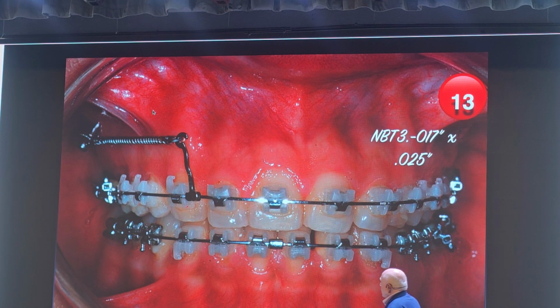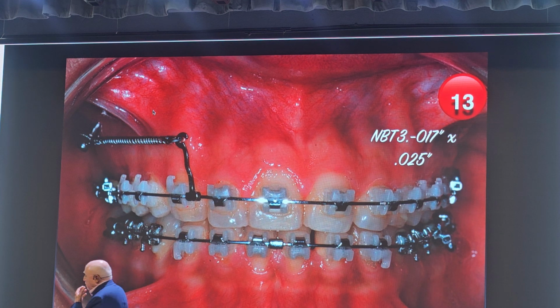So now, one of the books we did was on tags. Actually, there are 2 editions of that book too. We always talk about the line of force in relationship to the center of resistance of the upper teeth. So now in this case, what we are going to do is we have a very heavy wire going on in the upper arch, because we would like to move all these teeth as one unit.